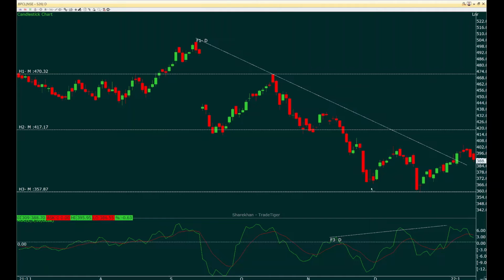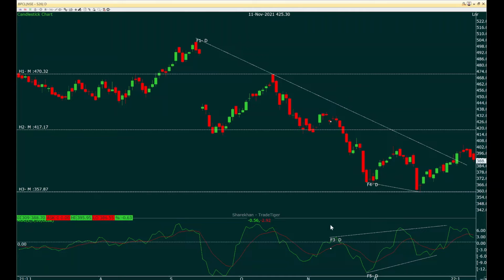Now, whenever we find a situation like this, where there are two bottoms, one below the previous one, but RSI starts making a higher high, which is this bottom here and this bottom portion of RSI, we see that price is falling down, but RSI is going up.